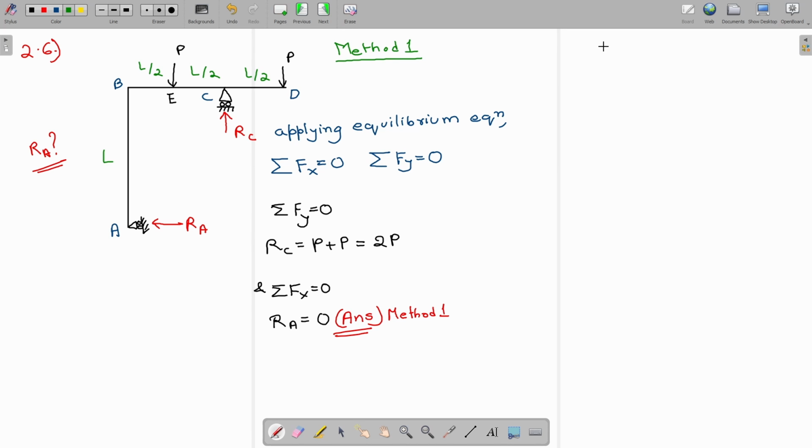Now for method 2. We are going to apply the equilibrium equation again, but in this case we are going to apply the equilibrium equation of moment.